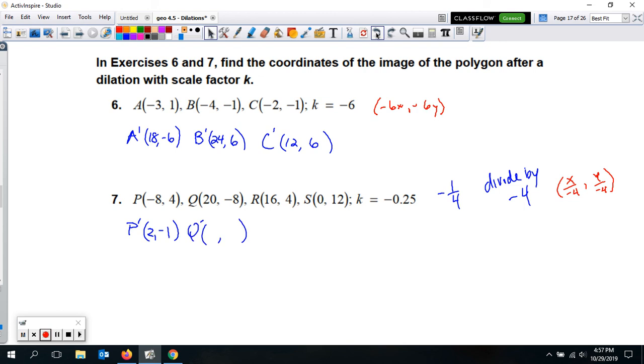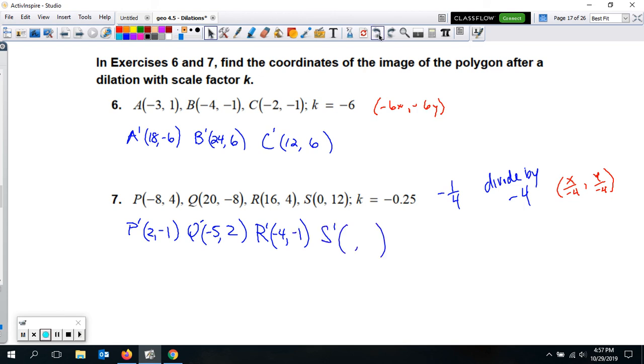For Q prime, 20 goes in for x. So 20 divided by negative 4 is going to be negative 5. And for negative 8 here, divided by negative 4 is positive 2. For R prime, 16 divided by negative 4 gives us negative 4, that first one, and then 4 divided by negative 4 is negative 1.